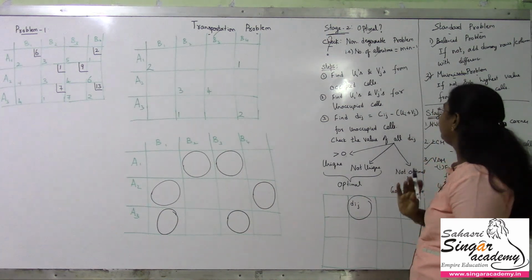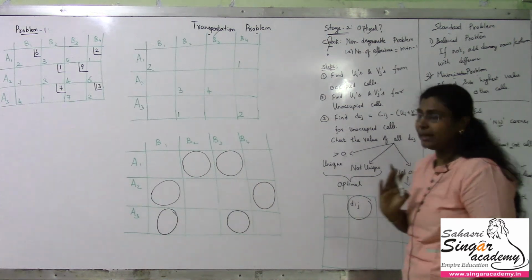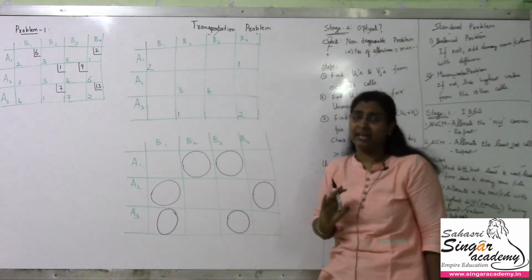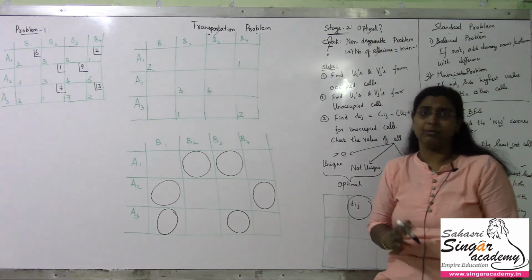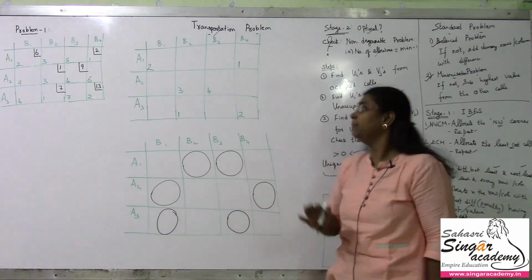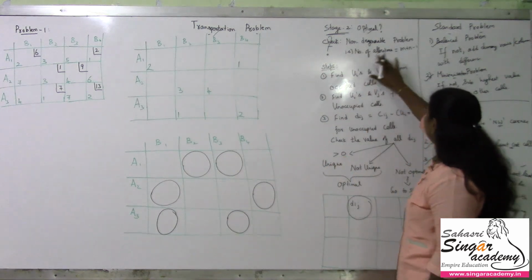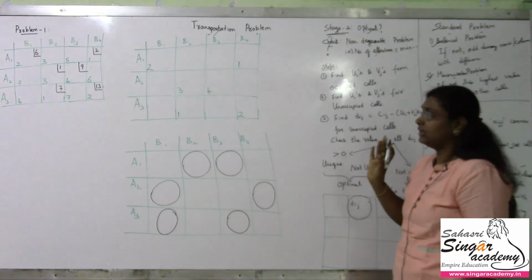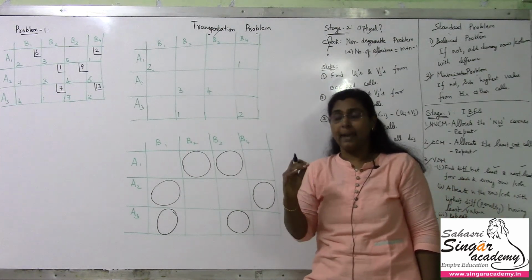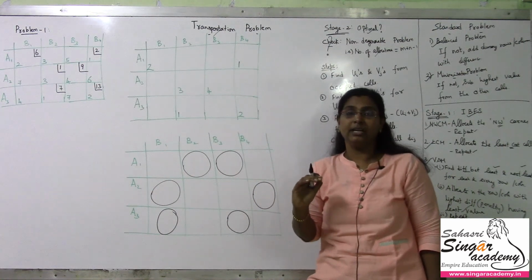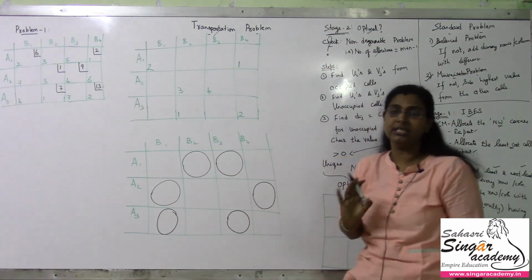If the number of allocations is less than m plus n minus 1, you call it a degenerate problem.